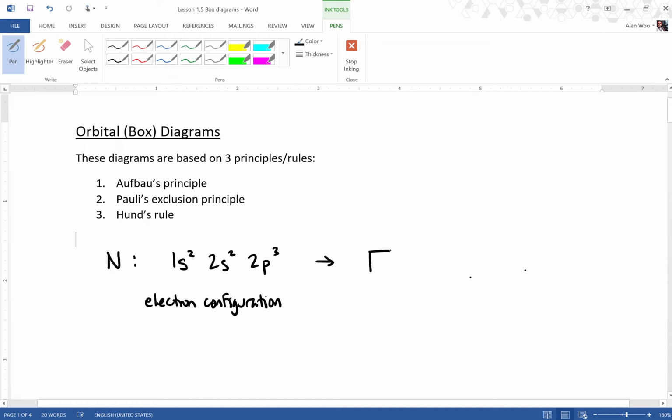Every orbital is represented by a box, so this could be representative of a 1s orbital. All the s orbitals are single boxes that are separated from each other like this.